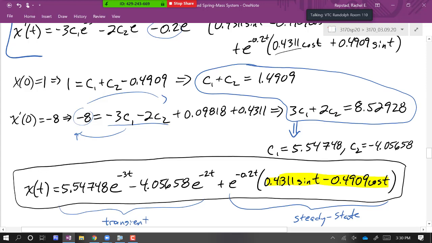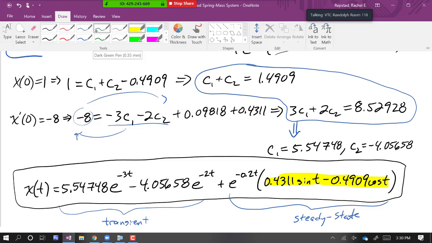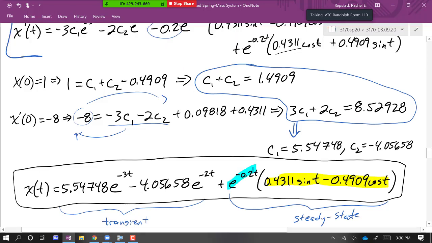Sine and cosine are both bounded, so that reaches some maximum and some minimum. As t gets huge, that just stays within those bounds, but it's being multiplied by this thing. What's that approaching? Well, it's a negative 0.2t in the exponent.